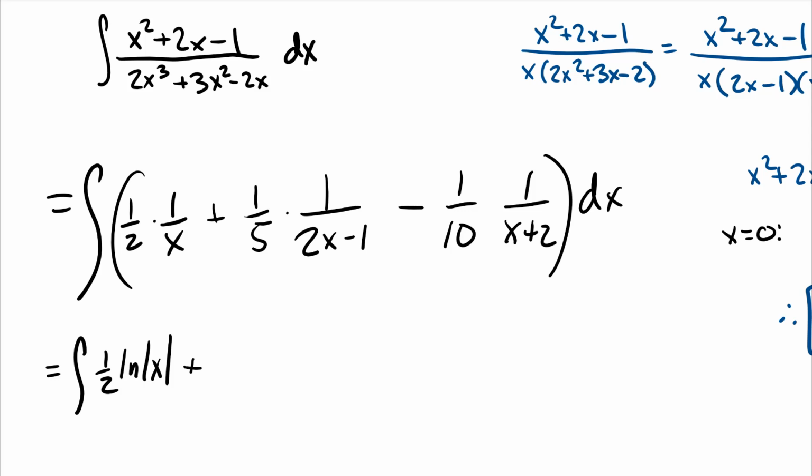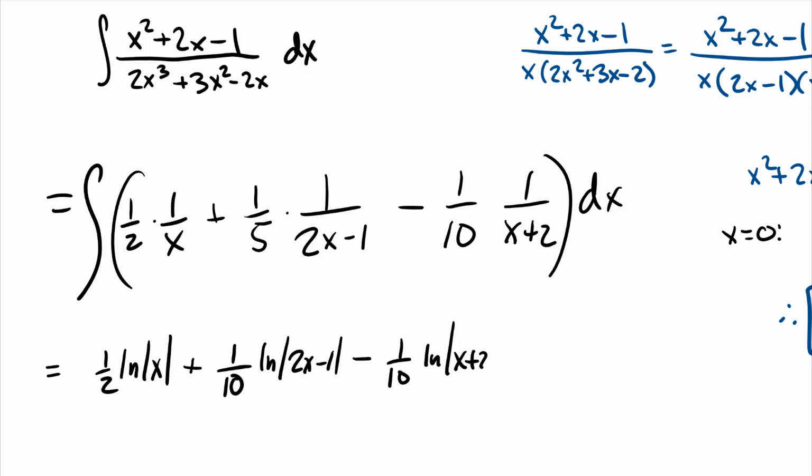You typically need to do a u sub and divide the 2 out. So 1 over 5 times 1/2 is 1/10, the natural log of 2x minus 1. Hopefully you see that. You can do a u sub and check it for yourself, but I don't find any need. And then we have minus 1/10 the natural log of the absolute value of x plus 2, all plus c. And that's our solution.